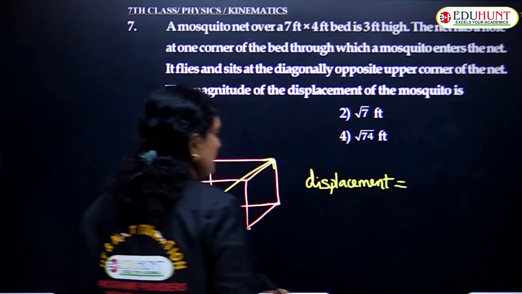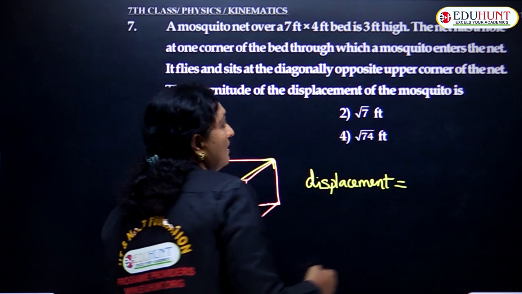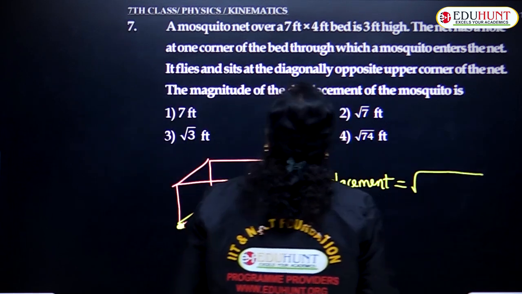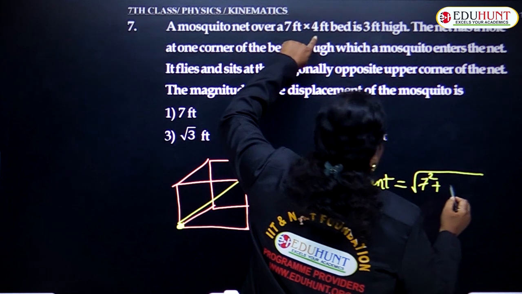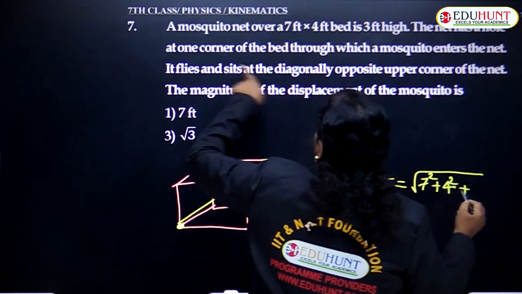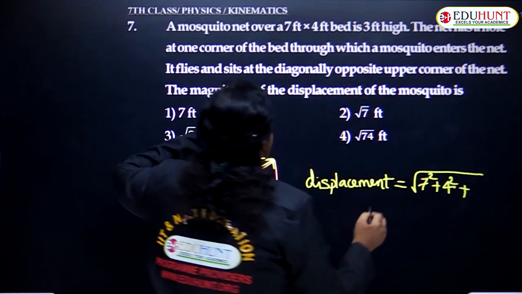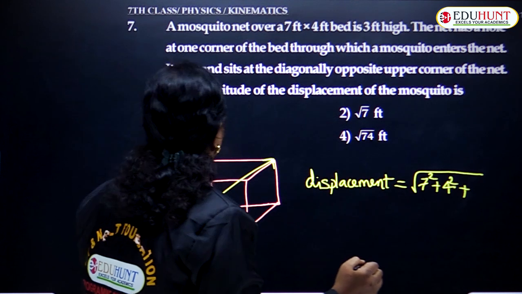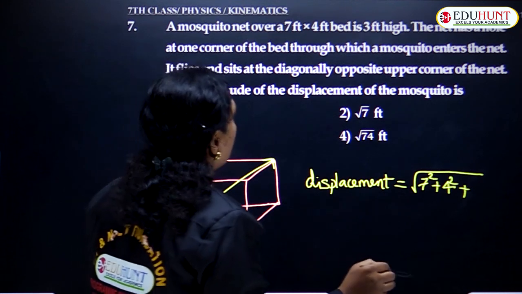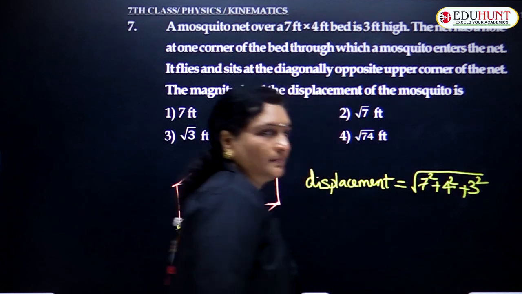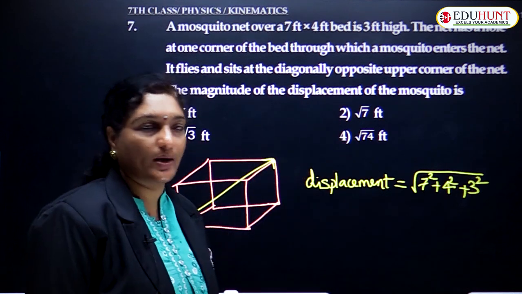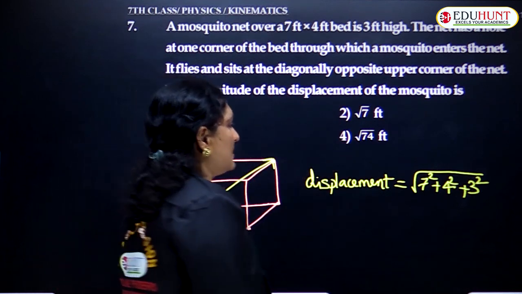All are 90 degrees because perpendicular to each other, and in this case the answer would be length square plus breadth square plus height square. What is the height given, children? 7 feet, 4 feet, 3 feet height. 7, 4 and 3 square. Length square plus breadth square plus height square. All the 3 sides.